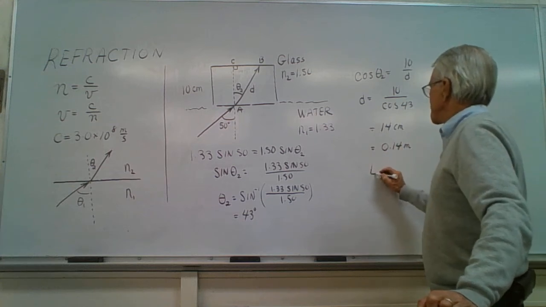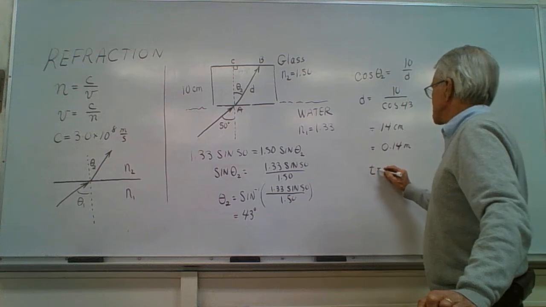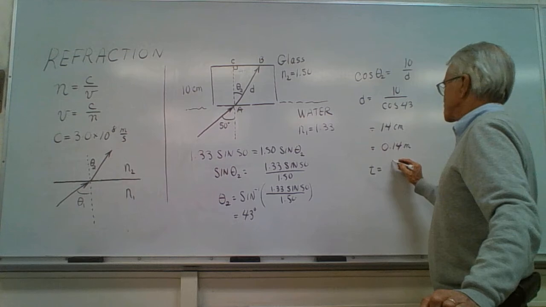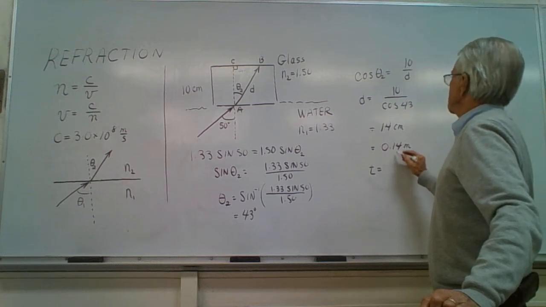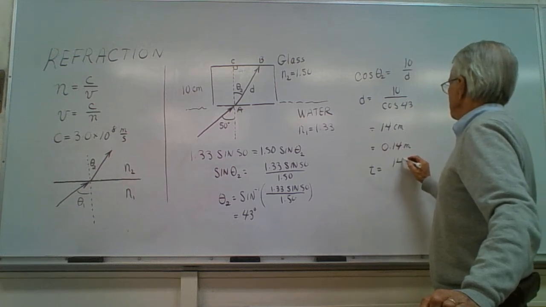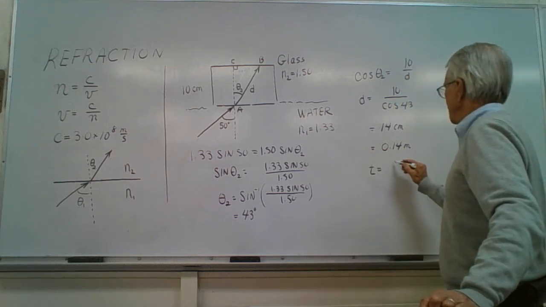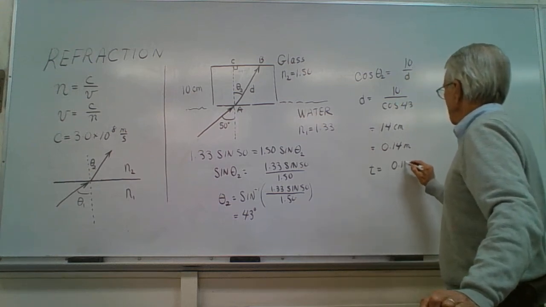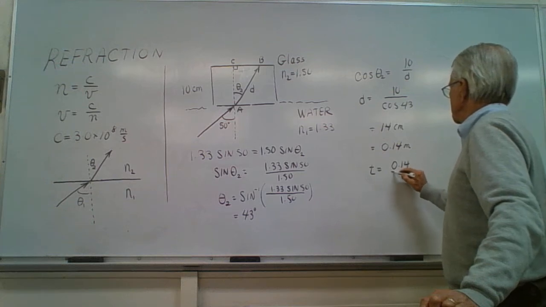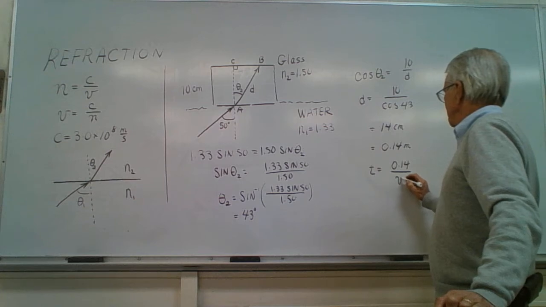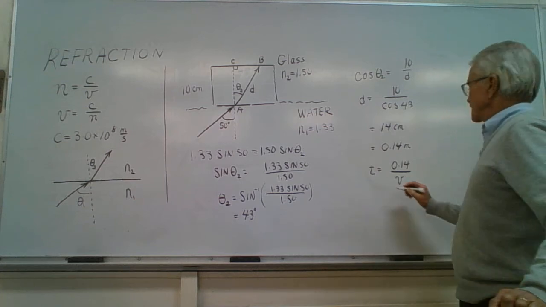And now our time equation. The time it takes the light to travel from A to B is the distance it travels, which is 0.14 meters, divided by, well, the speed of light in the glass.